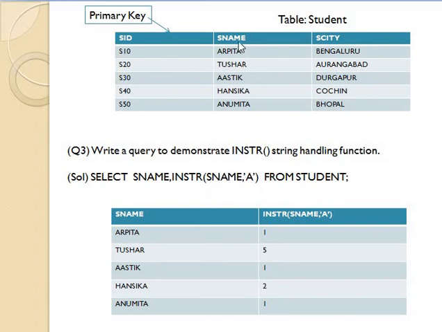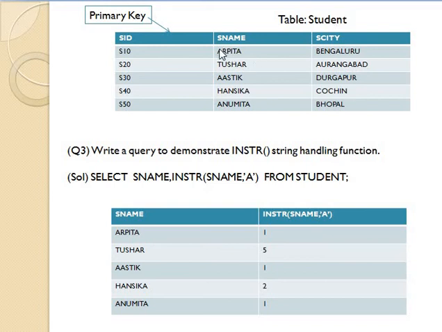So using instr(sname, 'a') as the function which represents the second column in the output table, it will first show the position of the character a for the first entry Arpita of the column sname in the table student.